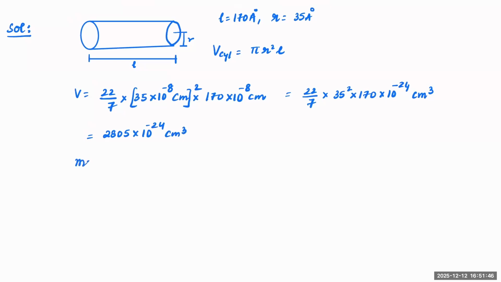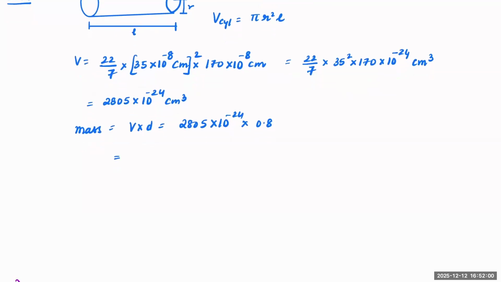So what is the mass here? We get mass is equal to volume into density. So 2805 into 10 raised to power of minus 24 into density, which is 0.8. Check if you are getting the closest value here.